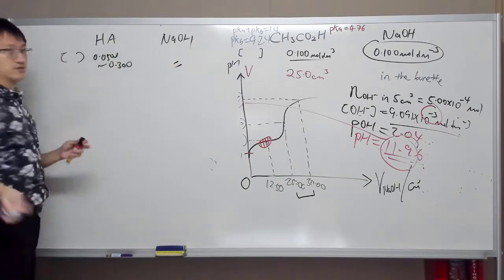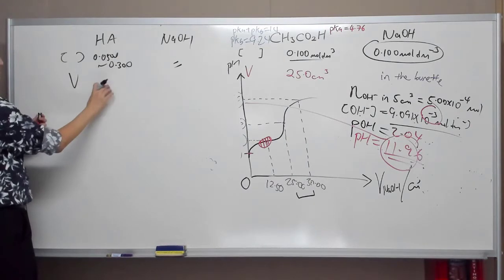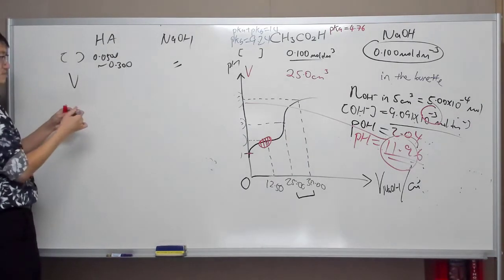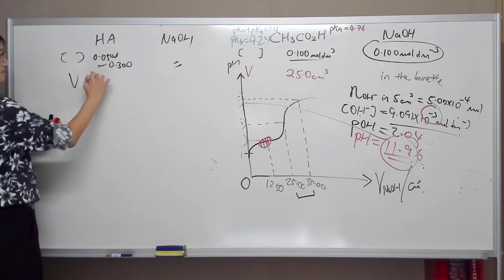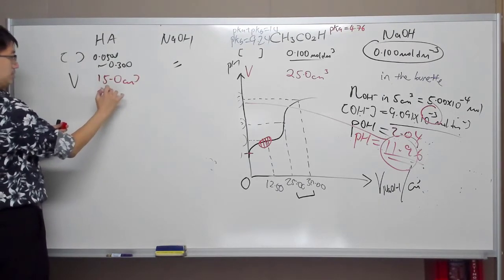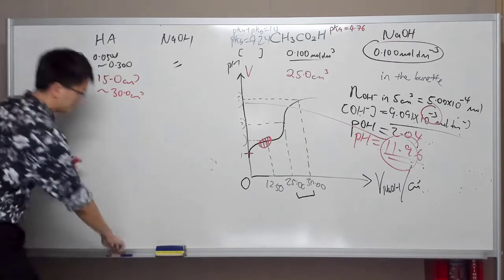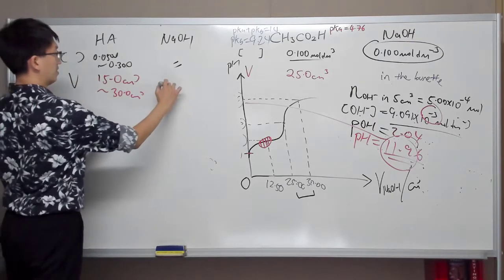You do the same for sodium hydroxide. Then the volume you pipetted in, you can decide. The standard pipette volume is 15.0 to 30.0, for example. And then you can do this in the burette.